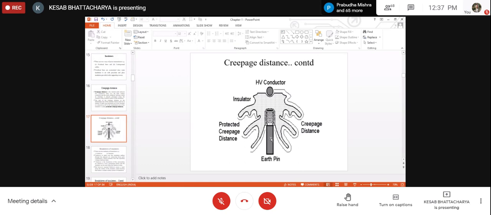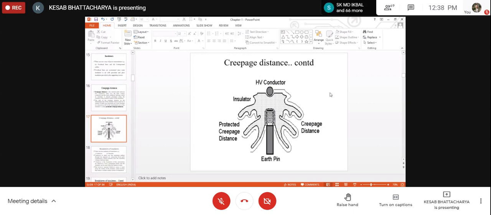So between this live conductor and earth pin, there is the insulating material. Yes, it is true that so long as the insulator is working in sound condition, no conduction current will flow from the high voltage conductor to the earth pin through the body of the insulator. It is true. To the body of the insulator, no current will flow.